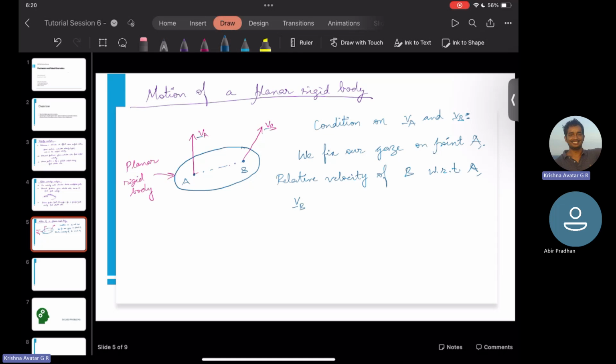So we'll write it as B by A, notation wise. This is equal to vector VB minus vector VA. Right. So this is the relative velocity.